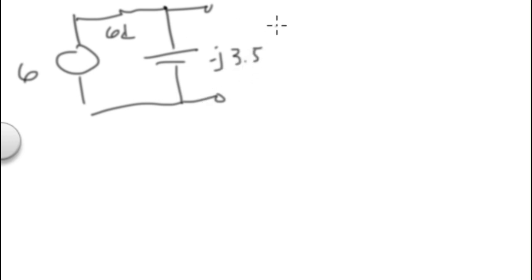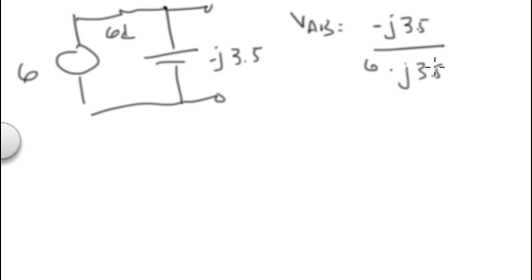So the voltage across the outputs, or VAB, which is going to be our VThevenin, is minus J 3.5 over 6 minus J 3.5 times 6. So there's a minus sign there.